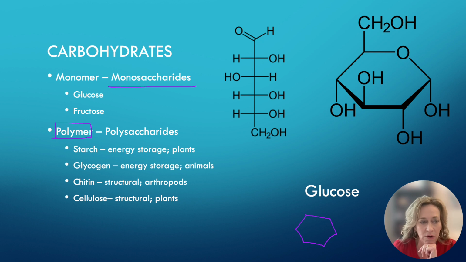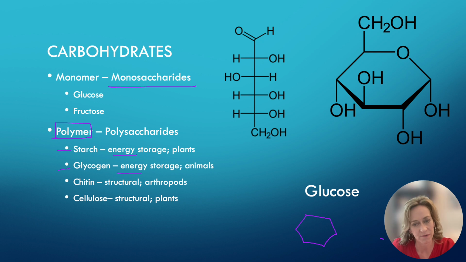What I do want you to know is that 2 of these, starch and glycogen, serve as energy storage. So we eat a meal, right? We break that down, we absorb a lot of glucose. We need to keep our glucose levels in a normal range, right? That's part of homeostasis. So that glucose then needs to be stored away as glycogen in our liver and our muscle cells, right? So that's our energy storage.